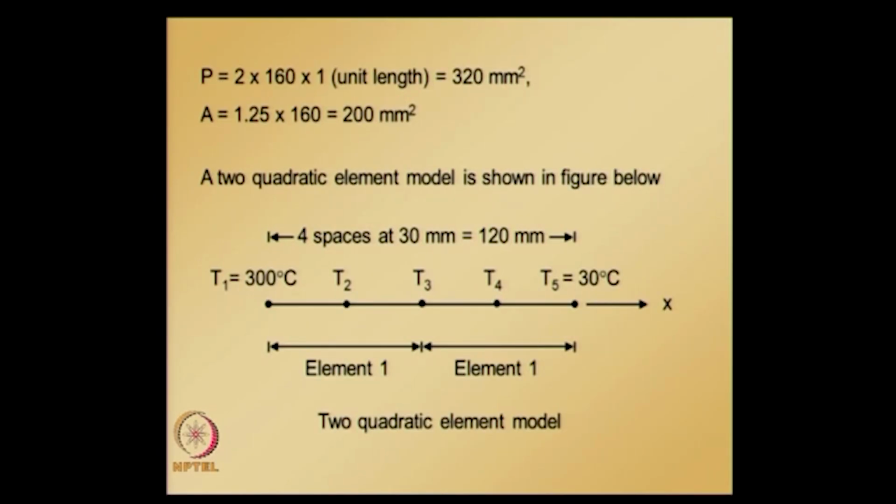So, T1 is equal to 330 degrees centigrade, T5 is equal to 30 degrees centigrade. Subjected to these 2 boundary conditions, we need to solve this problem of steady state temperature distribution over this rectangular fin.